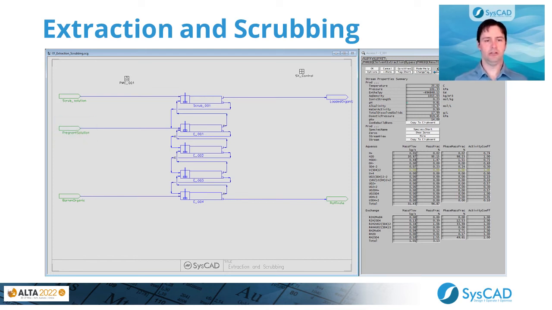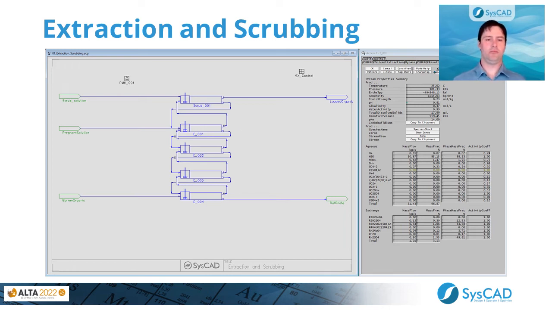The pregnant solution then flows in the downward direction, going from extraction cell 1 to extraction cell 4. At extraction 4, you provide barren organic, which is coming from the stripping and regeneration circuit, and it goes from cell 4 to cell 1, so they move countercurrently.